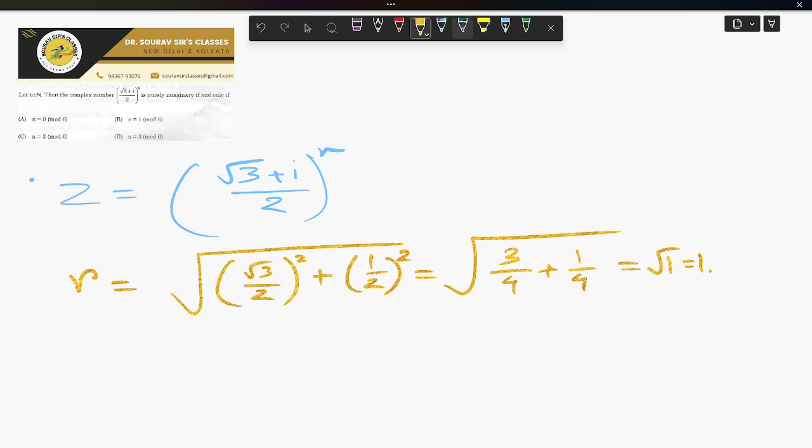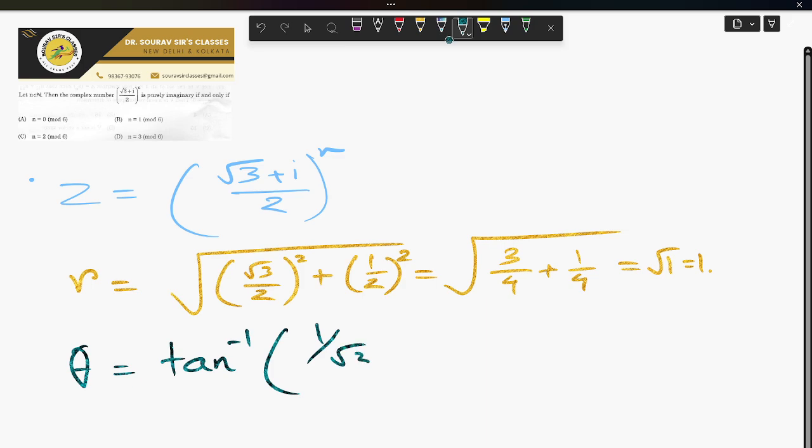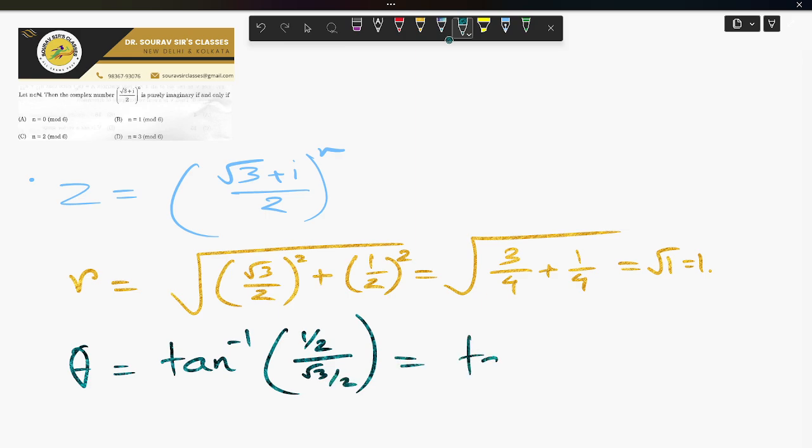Now we are going to find the argument of it. The argument theta equals tan inverse of (1/2) divided by (root 3 by 2), that is tan inverse of 1 by root 3, which equals pi by 6.